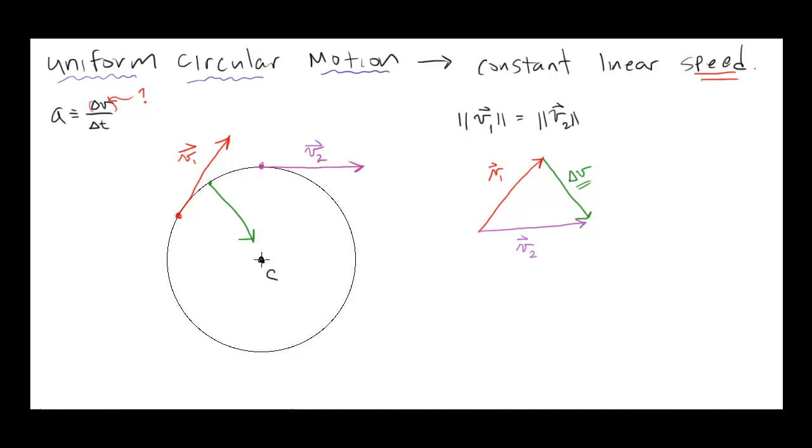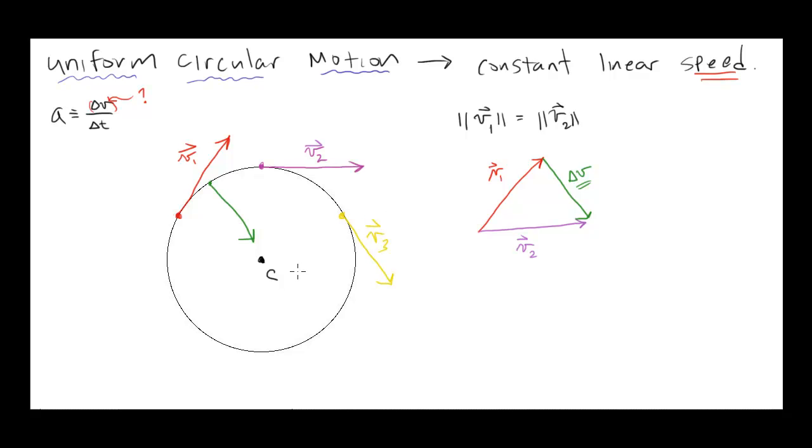This is our center point right here. This seems to imply that the direction of the change in velocity vector, the delta V vector, is towards the center of the circle. And not to belabor the point too much, but we could use yellow and do another one. We could do V3 down here and do the same argument, right? Here's V3.